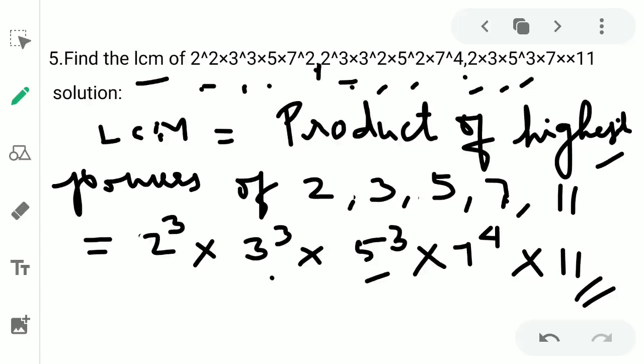So I am taking only 5 cube. And 7 power 4 is the only highest term, so 7 power 4. 11 is only in this, 11 is not in any other, so 11. This is the product of highest powers. If you multiply and write, it is also correct. If you write like this, it is also correct.